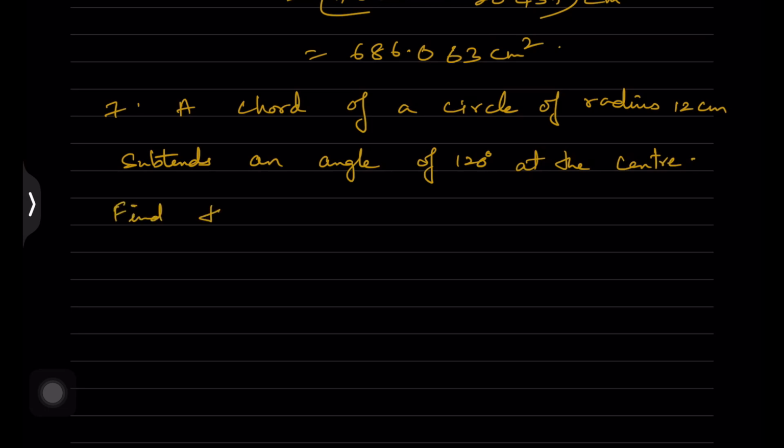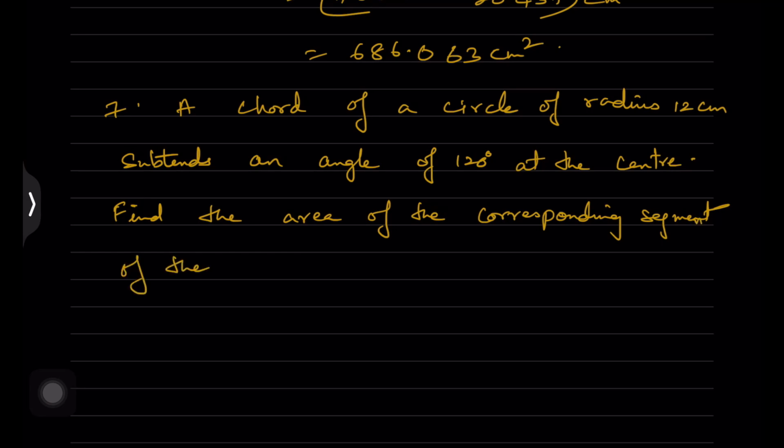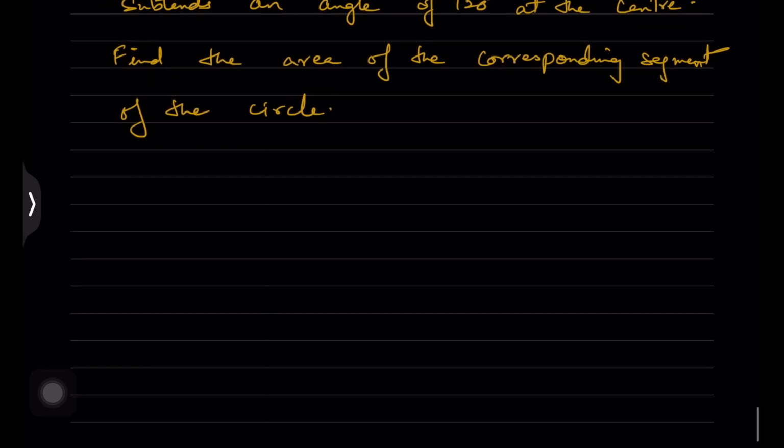Find the area of the corresponding segment of the circle. Use pi equal to 3.14 and root 3 is equal to 1.73.